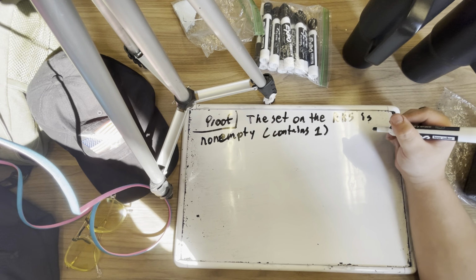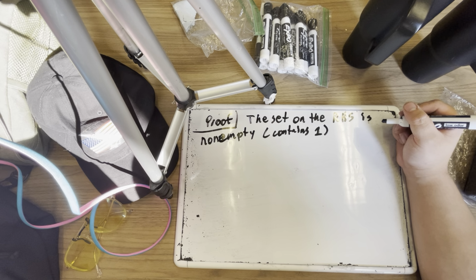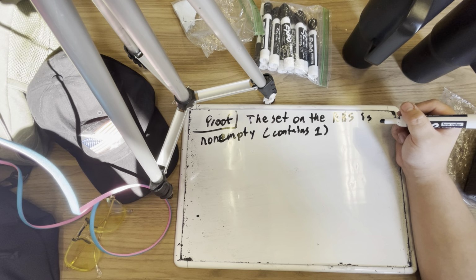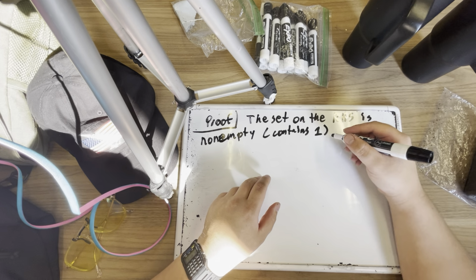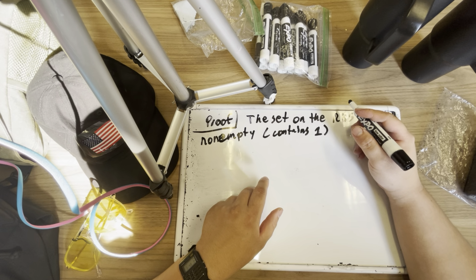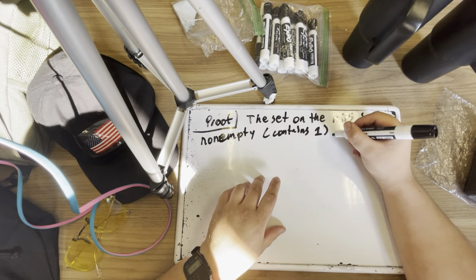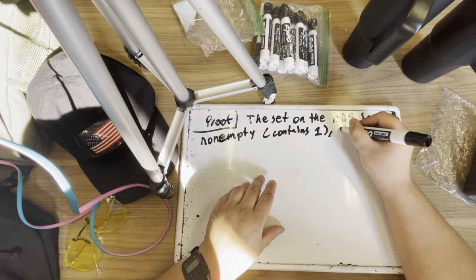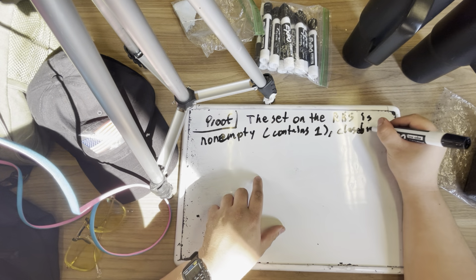let me think about that. A sub 0 such that is an element, well, it contains the identity, in which case we're representing that with 1, which is true. So yeah, the set on the right is non-empty, it contains the identity, it's closed under products.